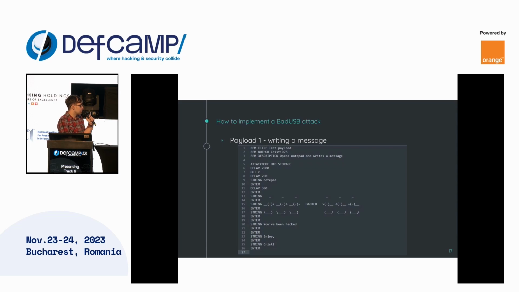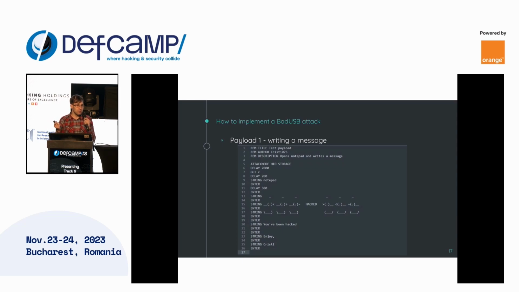Then STRING notepad will enter the notepad characters as you would from a keyboard. We press enter, and then we wait for notepad to run, obviously, and then we start drawing those ducks. So this is how the payload looks in DuckyScript.